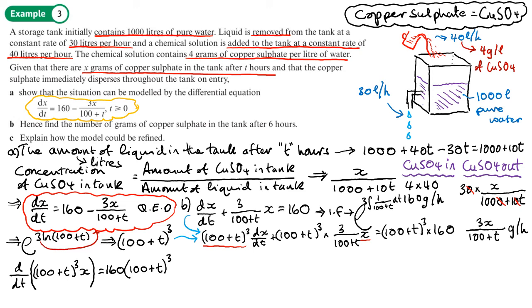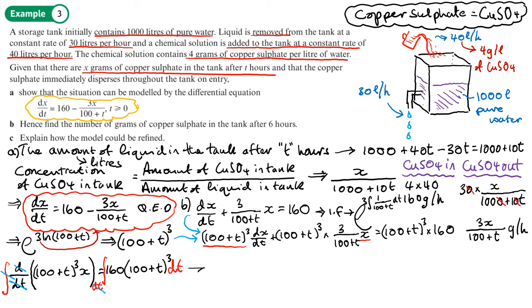Next we integrate both sides with respect to t. So what will happen is these will cancel out like this.